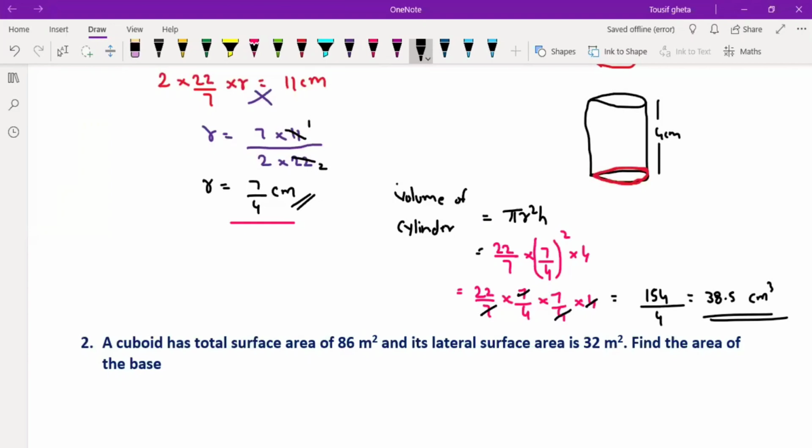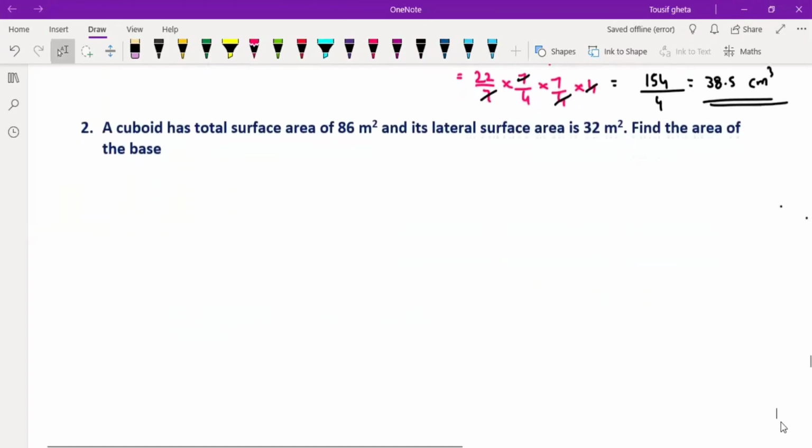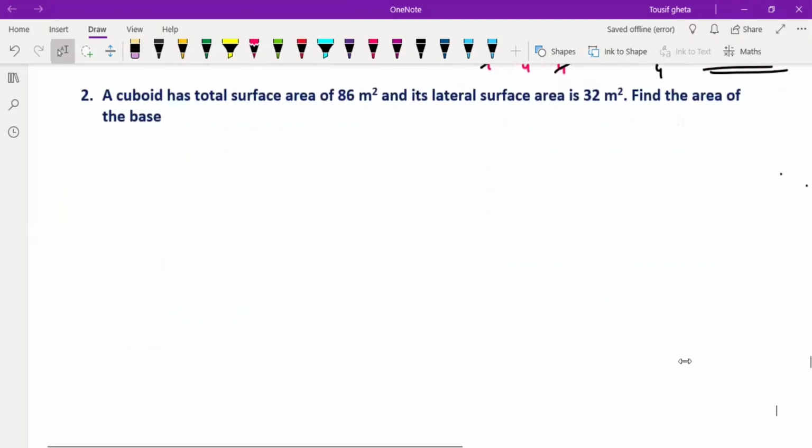Let us go with the next one. Here, the second one: a cuboid has a total surface area of 86 meters square.